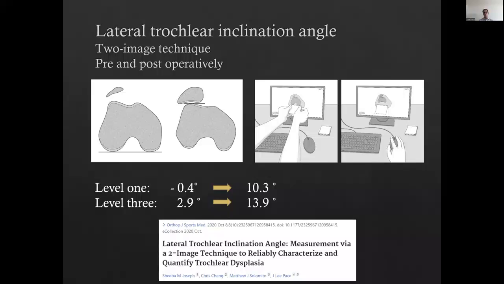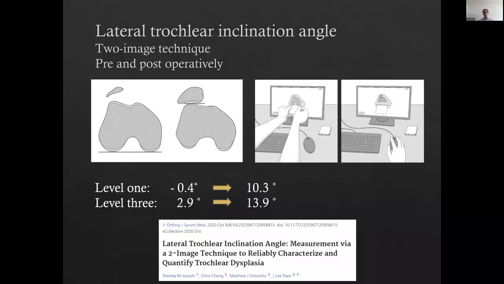Then, as you see in the picture on the right, I scroll proximally until the most proximal slice where I notice cartilage on the lateral part of the trochlea. And then I make a line tangential to the trochlea.